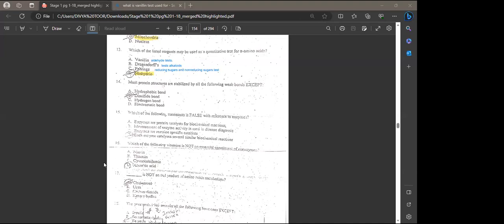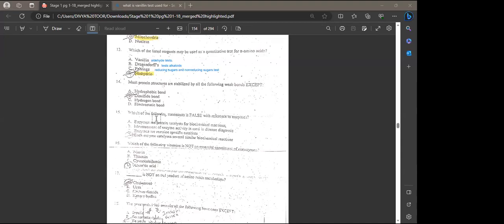I don't think the disulfide bond is a weak bond, because it's a covalent bond. Neither is a hydrogen bond really a weak bond. I don't know.